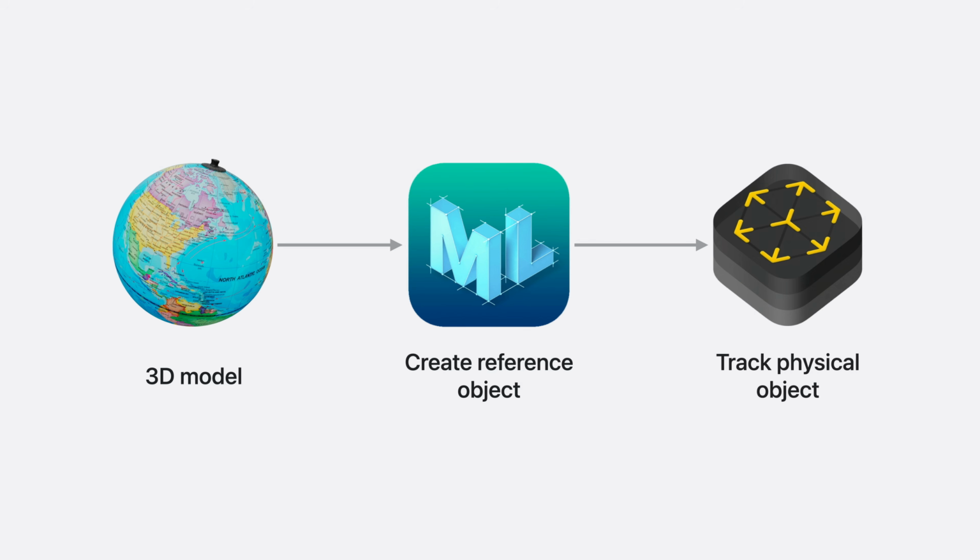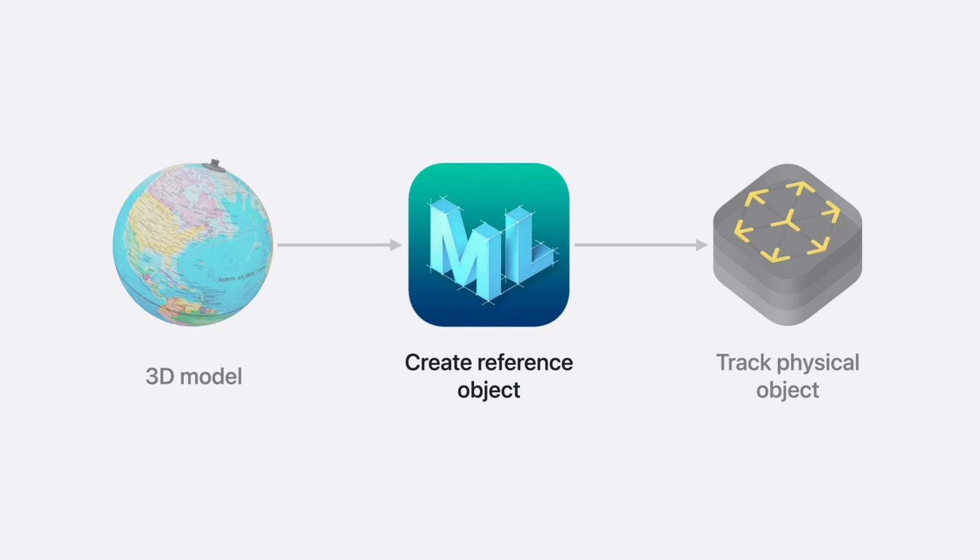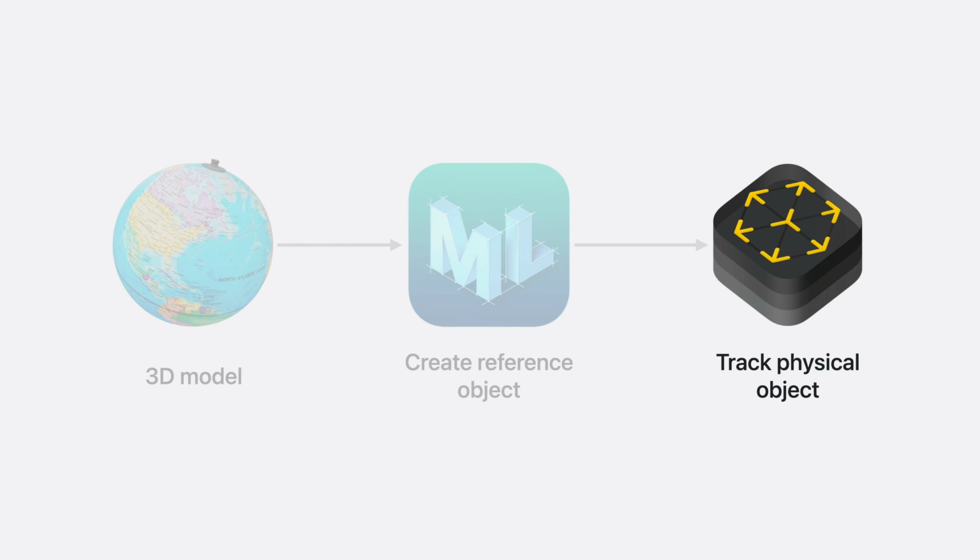Finally, you can use the reference object to track with ARKit. To learn more about creating a reference object, be sure to check out this year's session, Explore Object Tracking for visionOS. For this session, we'll focus on the last step of tracking a physical item with ARKit, after a reference object is made. Let's look at how simple this is with the new API.